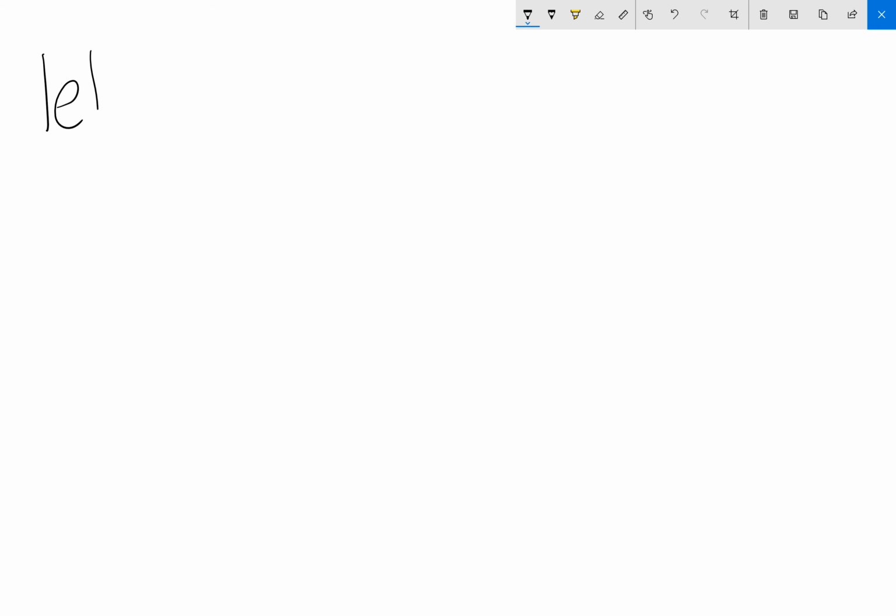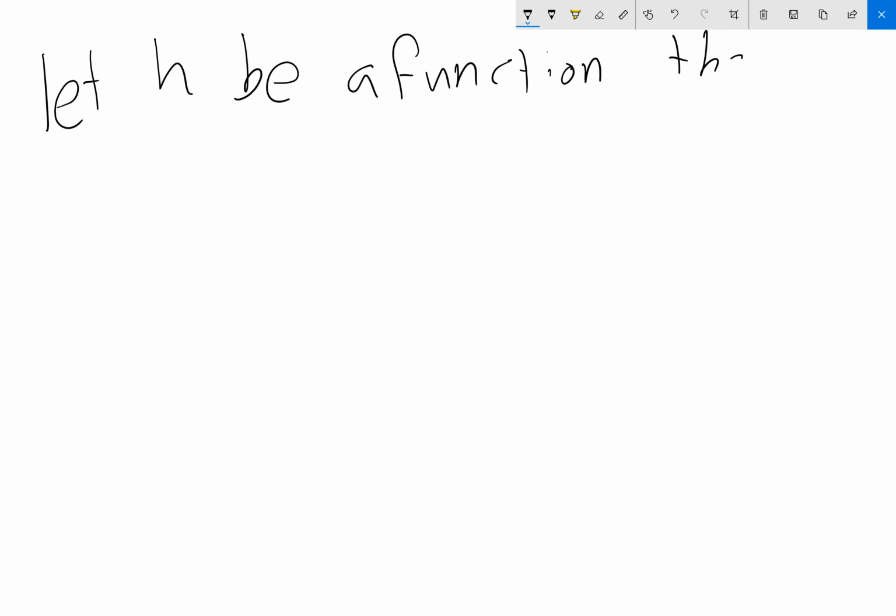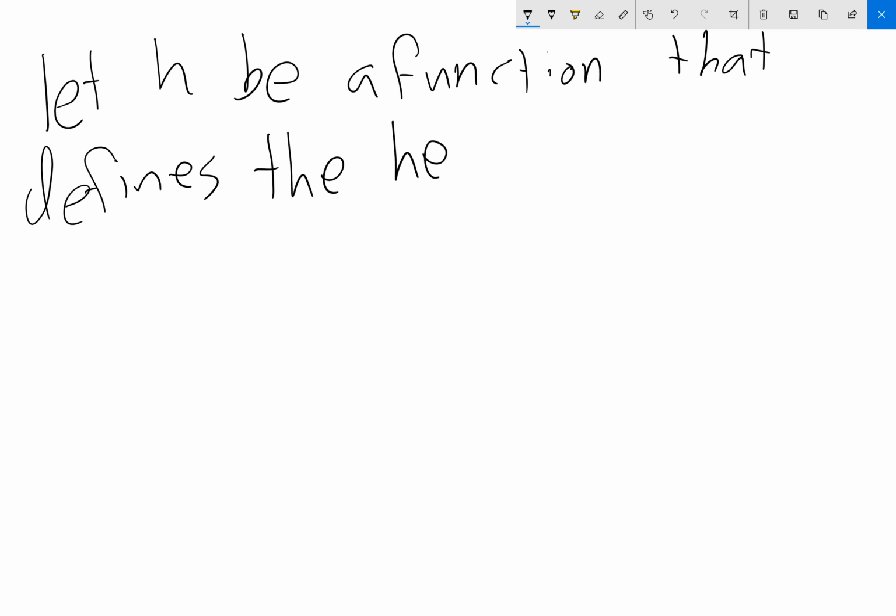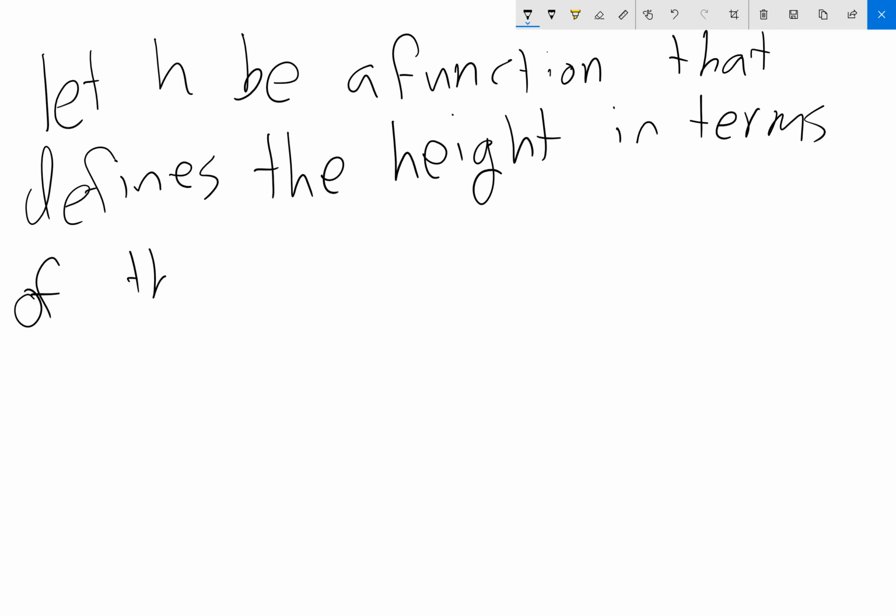So let h be a function that defines the height in terms of the number of seconds t.